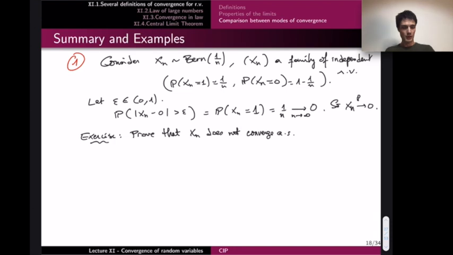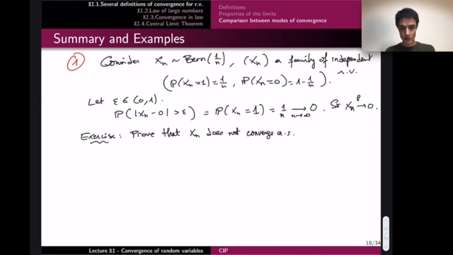Now, how should you think about this? If it does converge, it will have to converge to 0, because if it converges almost surely to some limit, then it also converges in probability. And since we know that the convergence in probability is towards 0, then the almost sure limit, if it exists, has to be 0 as well. So what you can do is prove that the Xn does not converge to 0.